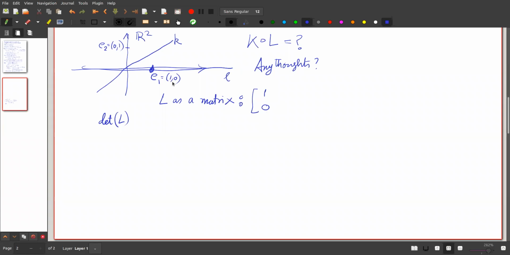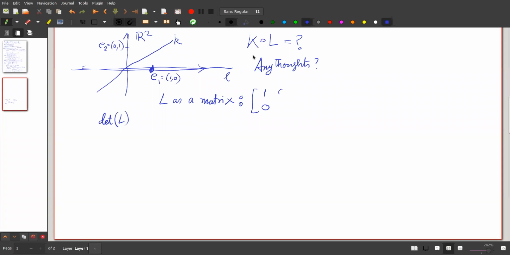Remember that the first column is the x and y coordinates of the image of E1. Okay. What about E2? 0 comma minus 1.